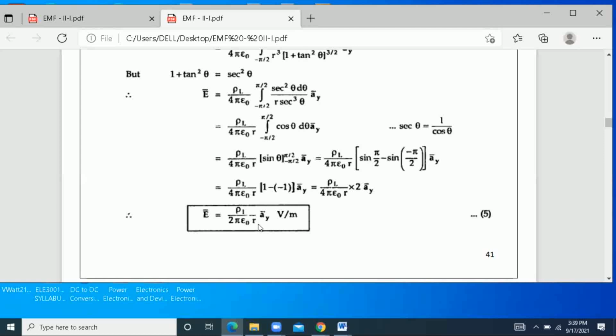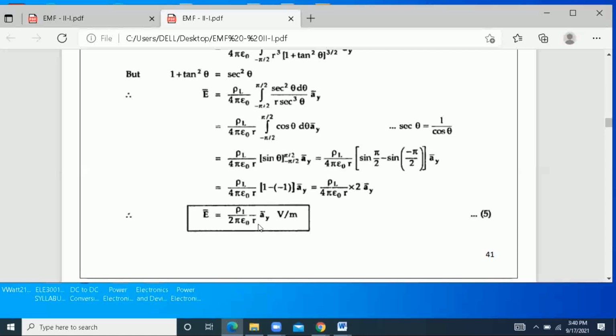Question. So when would the infinite line charge come into play?